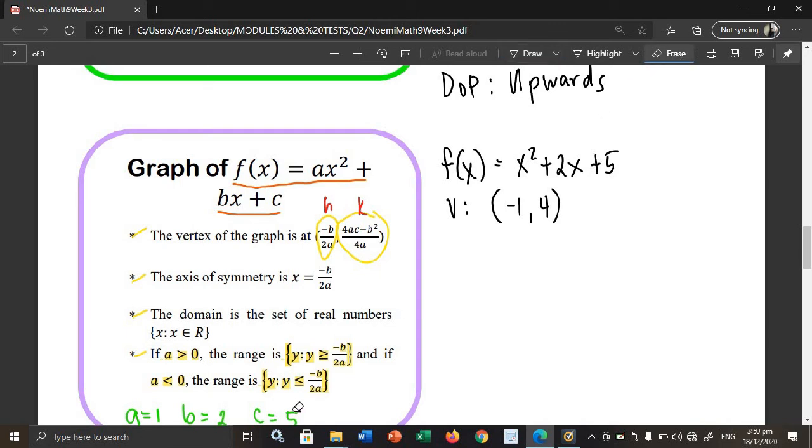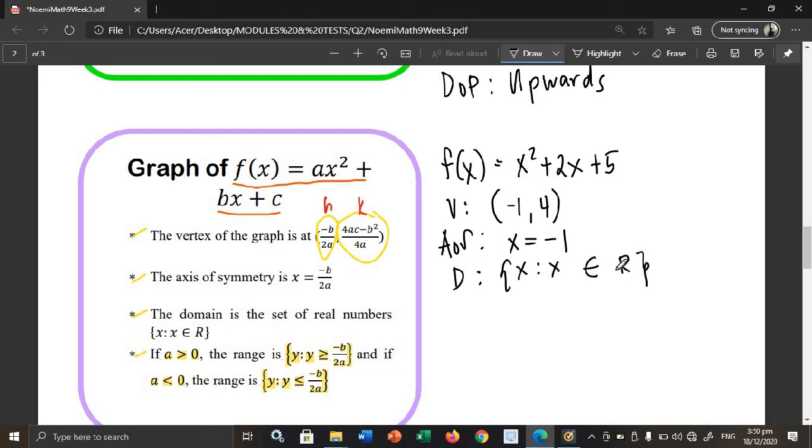So I'm just going to erase everything here. Yan. And then, the axis of symmetry is based on the value of your h, which is equal to negative 1. So ito yun. And then, your domain is the set of all real numbers. So, hindi po ito nagbabago yung domain. Okay? The set of all real numbers siya lagi.